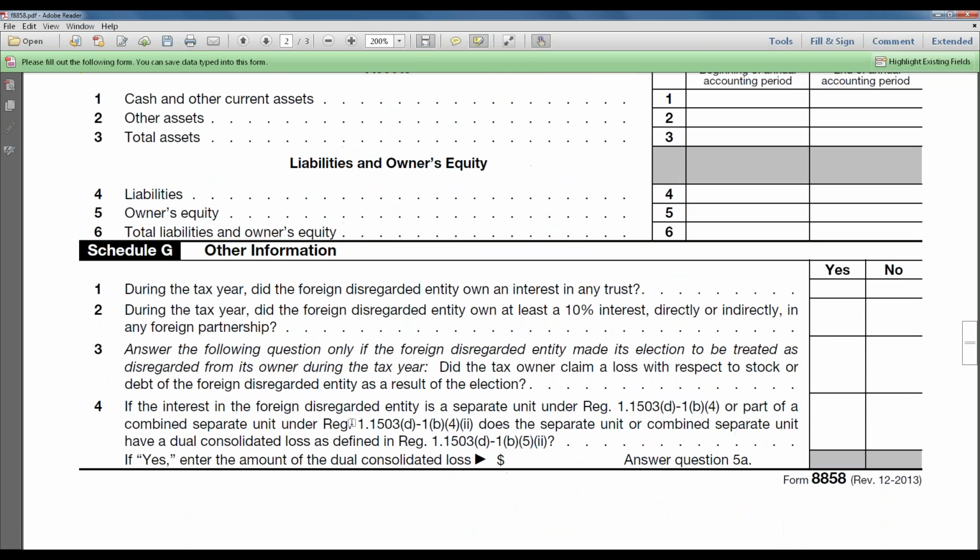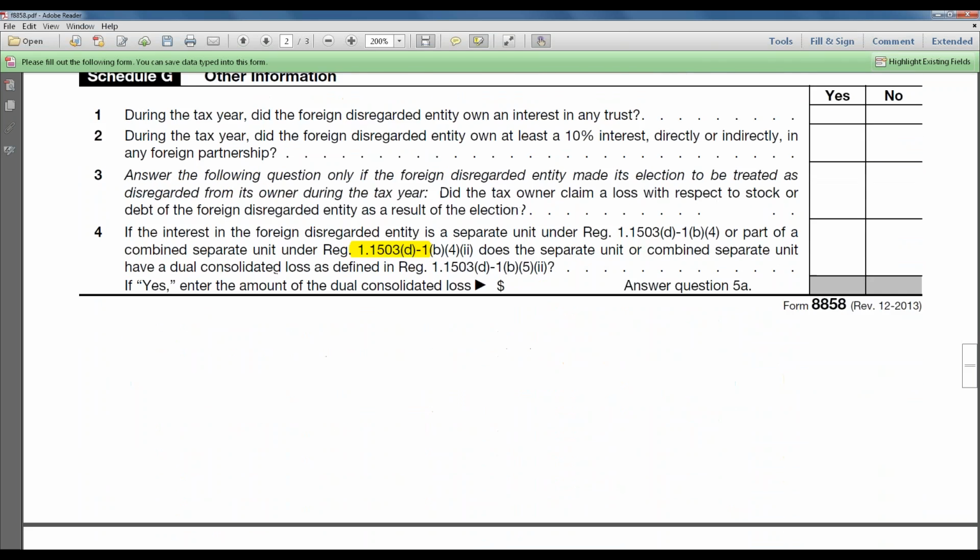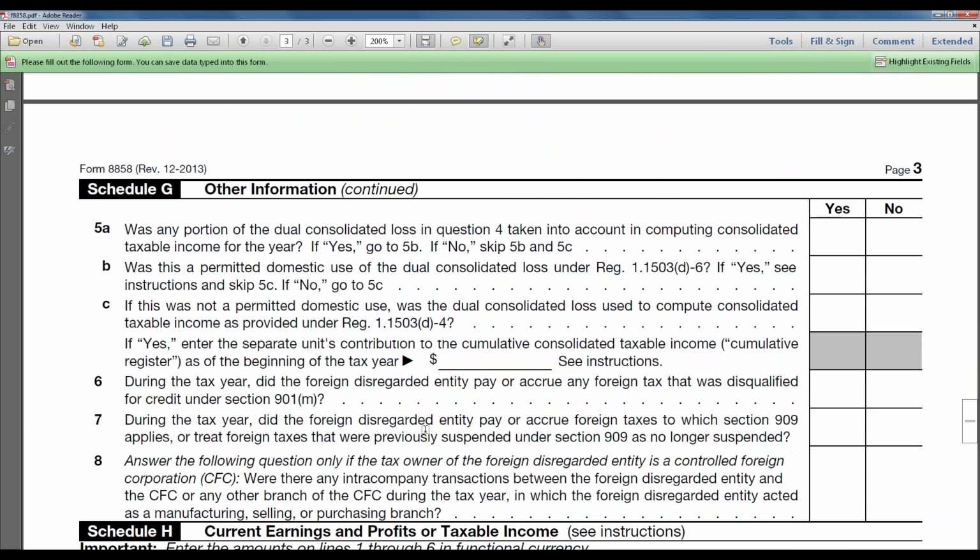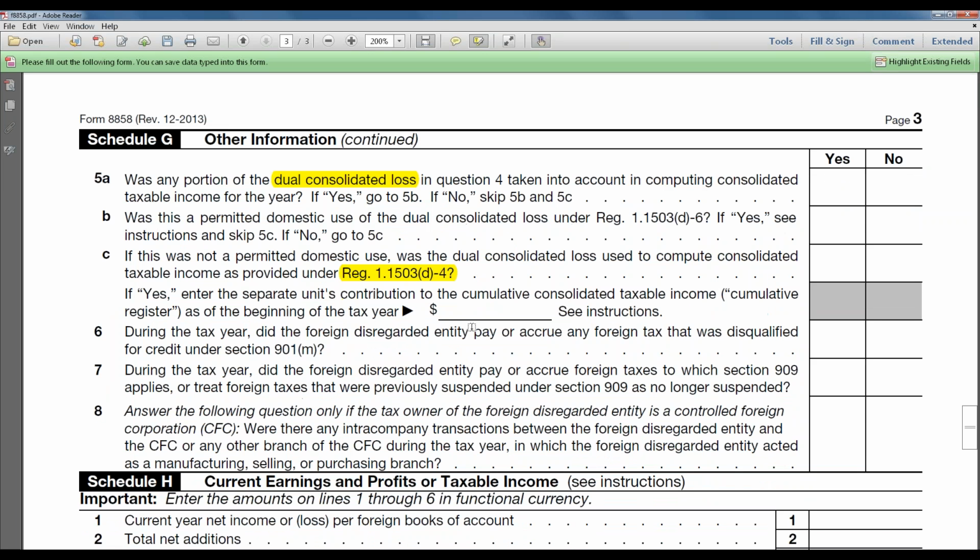And then with controlled groups. And once again, dual consolidated loss, more with C corporations. Usually small business is not a C corp. This would be more for a publicly traded company. You may have a domestic C corp that's using this, but I've only seen it just a few times.